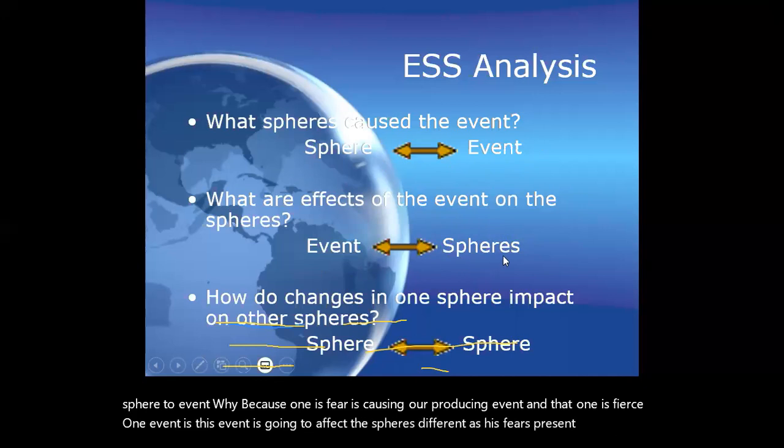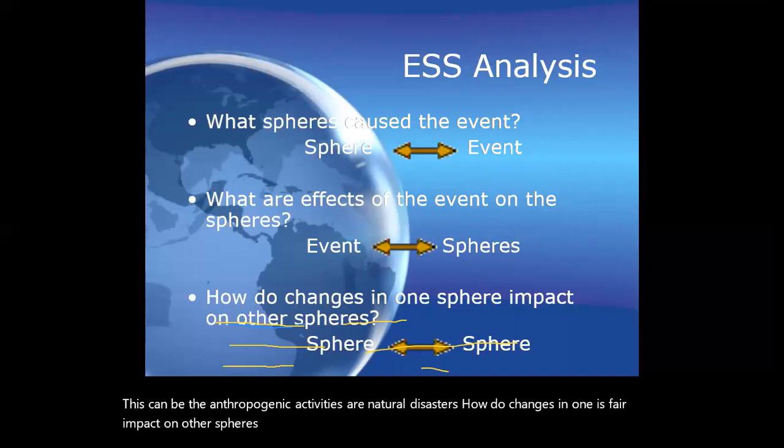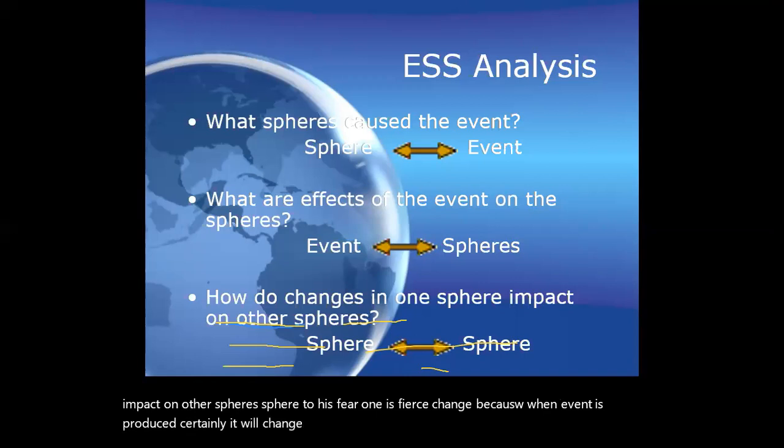These can be anthropogenic activities or natural disasters. Number three, how do changes in one sphere impact other spheres? Sphere to sphere, because when an event is produced, its initial change will be produced on that sphere where it is produced.